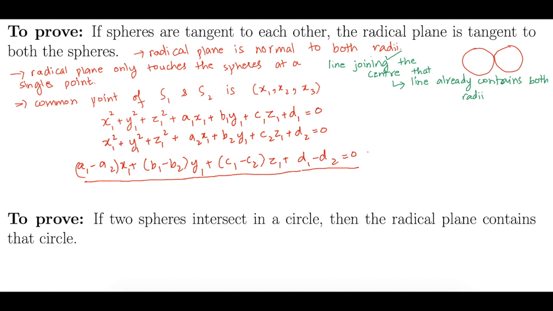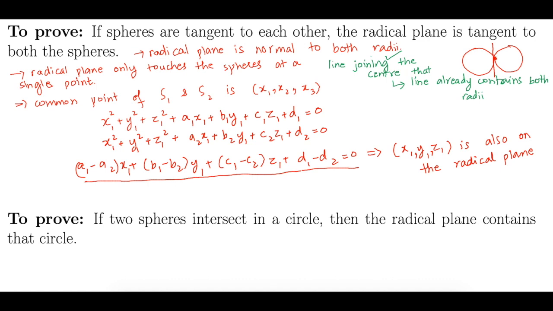right? So this means x1, y1, z1 is also on the radical plane. So this means the plane does not touch those two spheres except at their touching point.